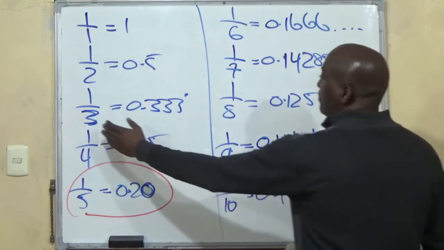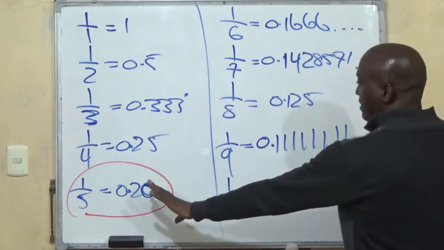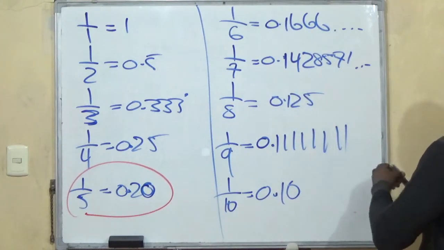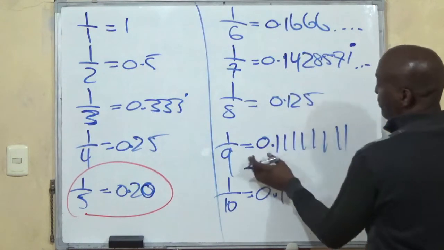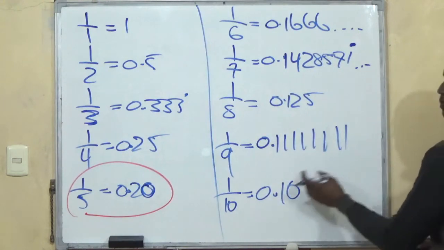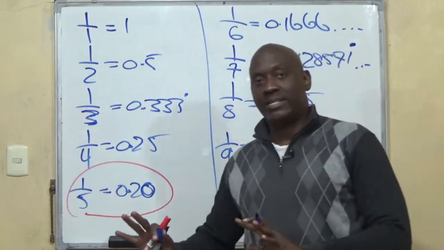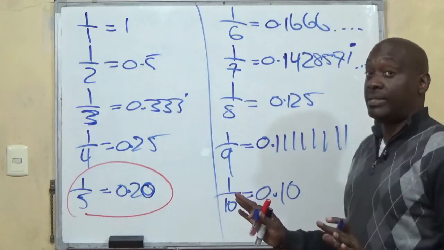We have 1 over 3, 0.333. 1 over 5, 0.20, that's rational. 1 over 7, 0.142857, I think it resumes here. 1 over 8, 0.125, 1 over 9, 0.1111 going on. 1 over 10, 0.10. So with the integers from 1 to 10, we see that that general pattern holds.